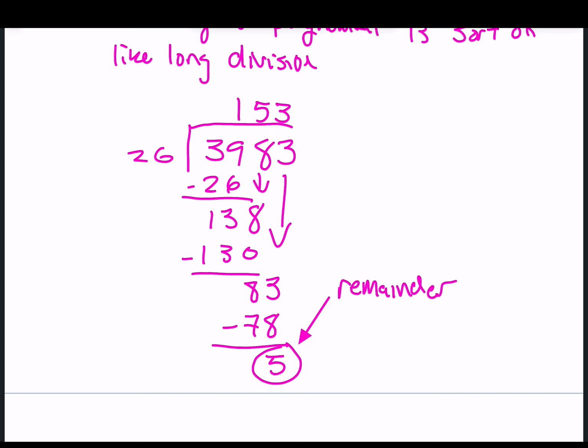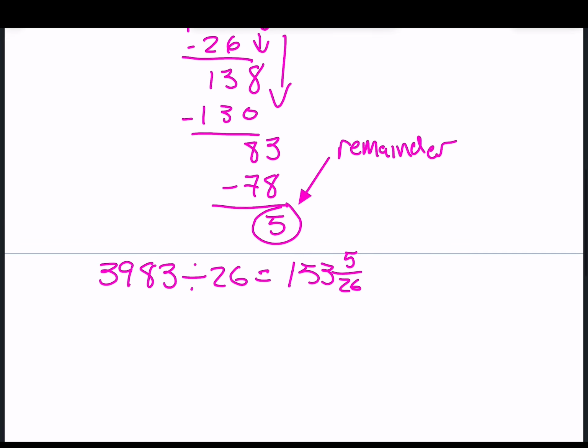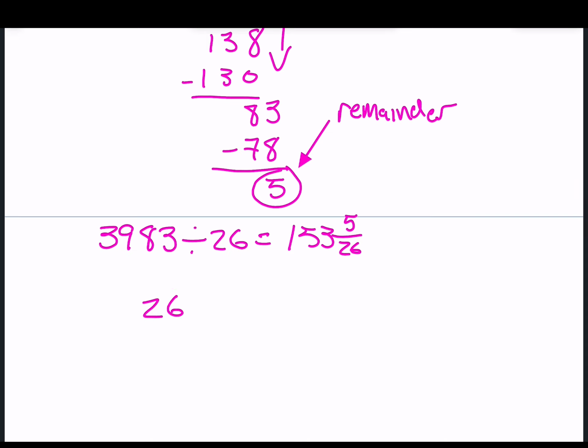So if we were to rewrite this division as multiplication, first let's rewrite 3983 divided by 26 in terms of the quotient. That's 153, the part on top here, and the remainder is 5 out of 26. So rewriting it as multiplication, we can write 26 times 153 plus 5 is equal to 3,983.